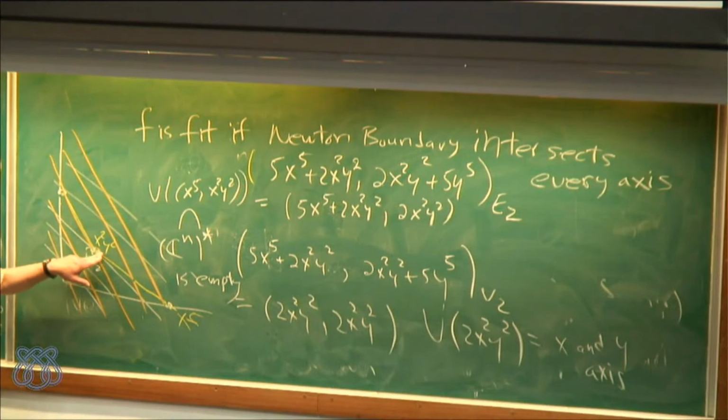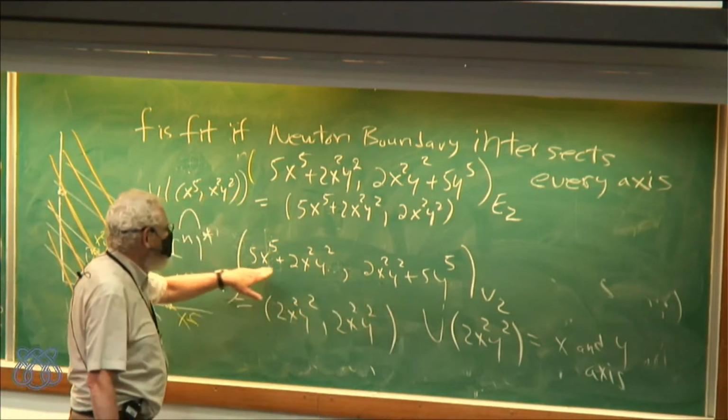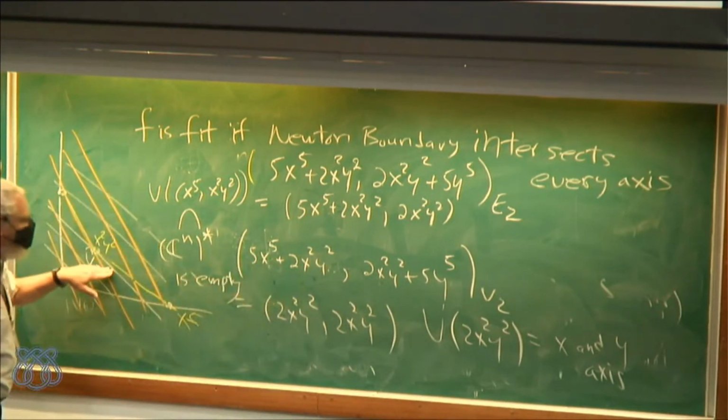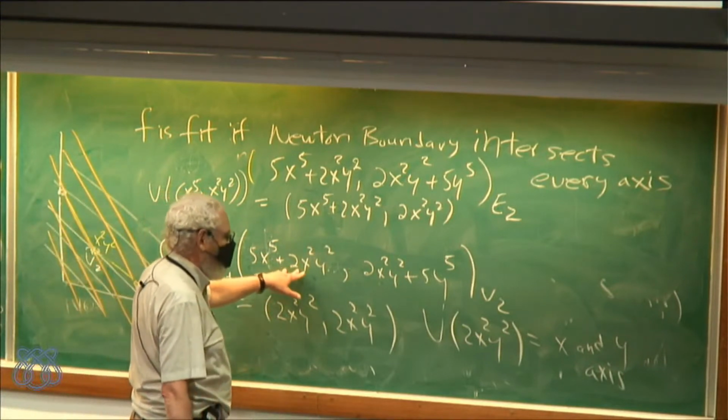So I want any monomial on this line that belongs to f, I'm going to use. So I look at the derivatives here, and I see in this derivative, both these monomials are on this line, and so I'm going to use the whole thing.